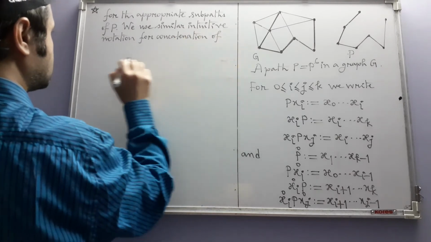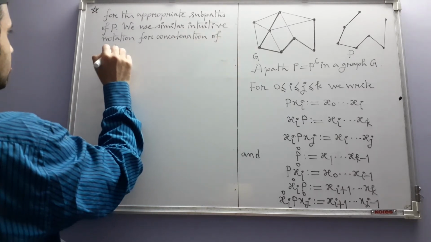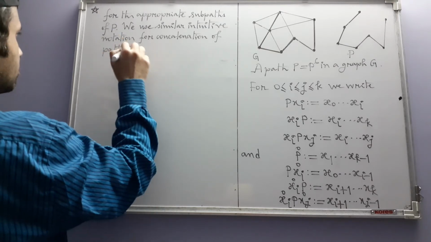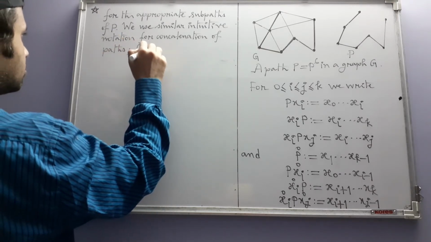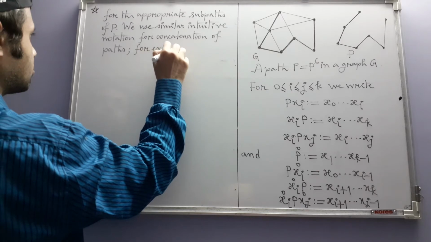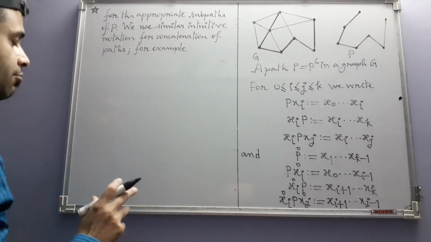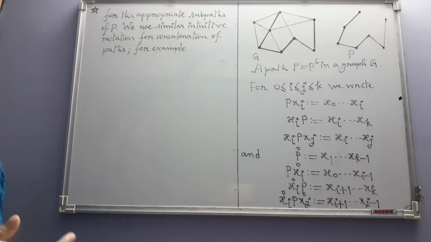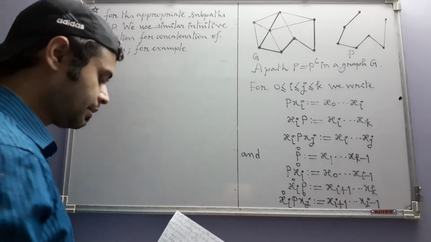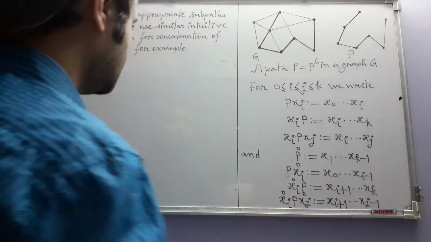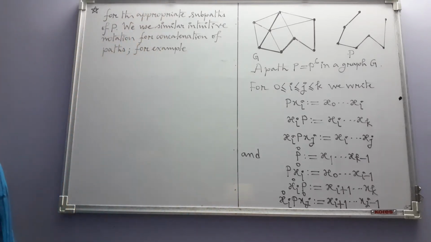for concatenation of paths. For example, if you take the union of a number of paths, which ultimately again becomes a path, then it can be written notationally more simply like this.